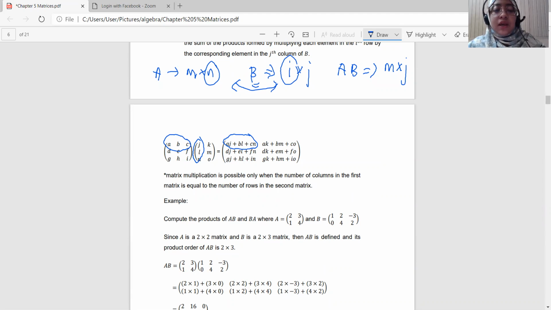Then, still the first row, you have to multiply with the second column. So it is the first row and the second column, so we have to put in A12.